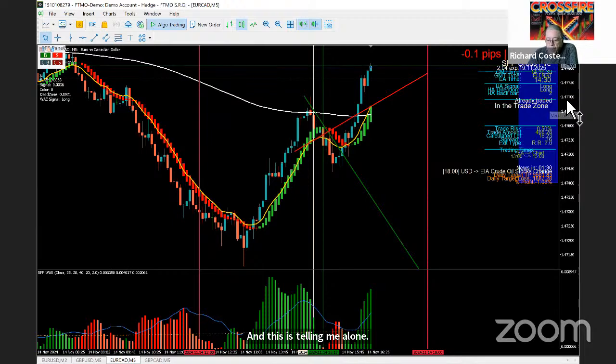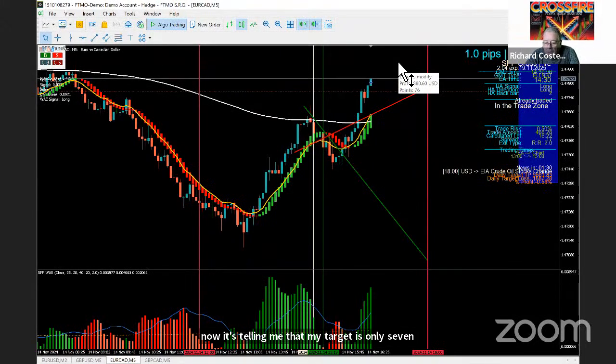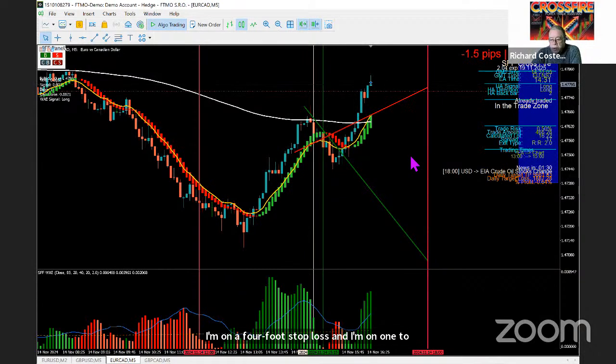So what I need to be able to do is I can see my target. It's up there, that red dash line. Now that is telling me that my target is only 7.6 pips. It should really be 8 pips away, because I'm on a 4 pip stop loss and I'm on 1 to 2. So that line needs adjusting.